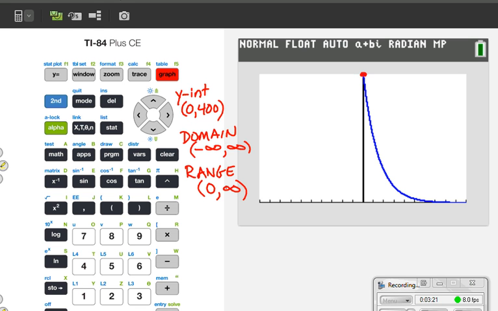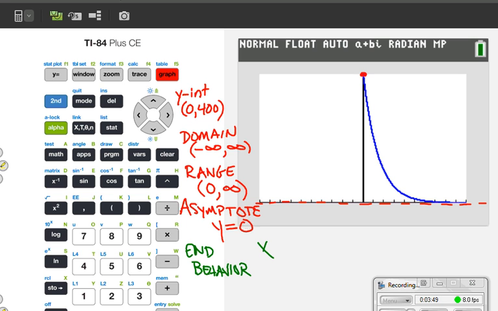Does it have an asymptote? Is there a y value that it's never going to cross? The asymptote would be at y equals 0. And I think they wanted end behavior, right? End behavior. And this is how we do end behavior. As x goes to infinity, what does y get close to?